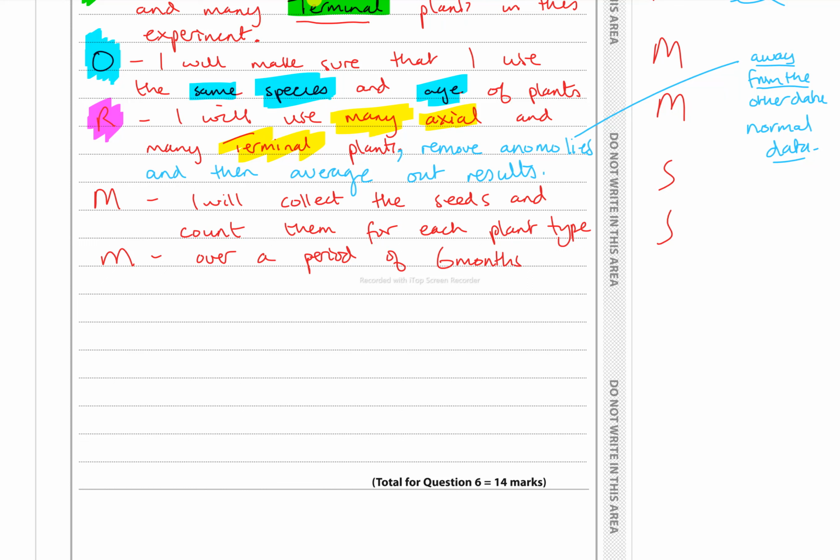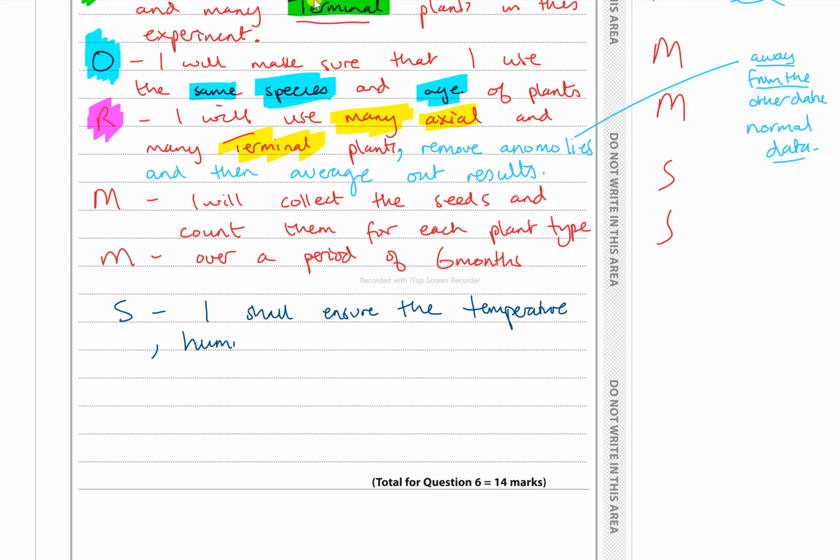Right, now what do you keep the same? This is the key now to make it a fair test. I shall ensure the temperature is the same, as temperature affects growth.